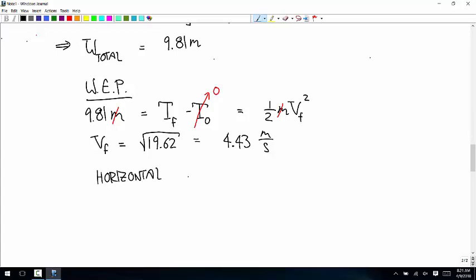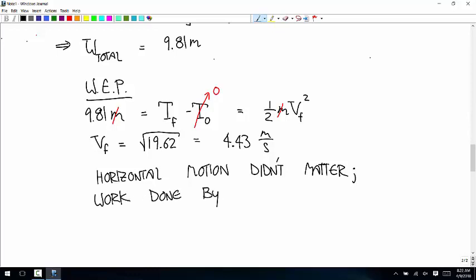The horizontal motion didn't matter. And so the work done by gravity only depends on the height change.